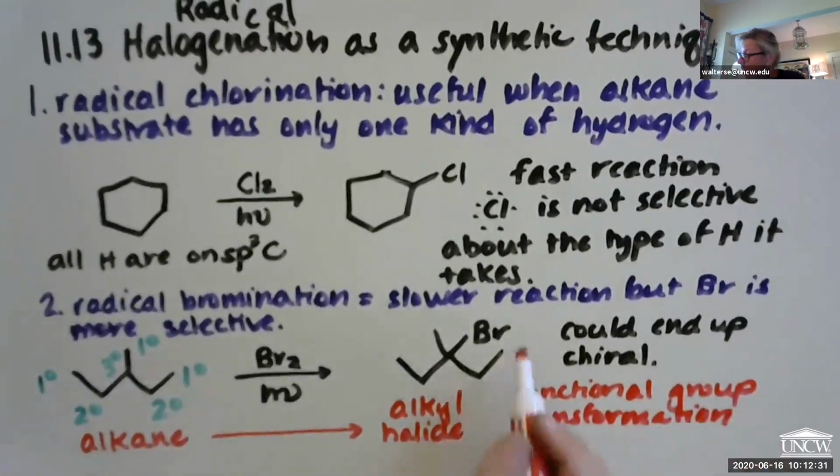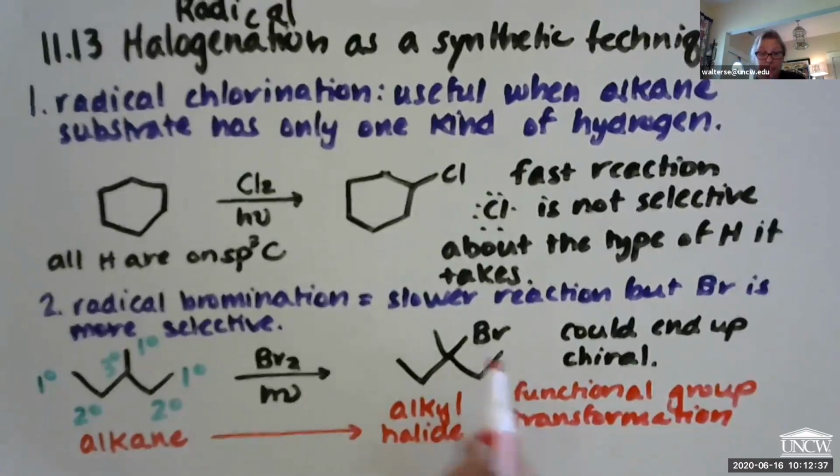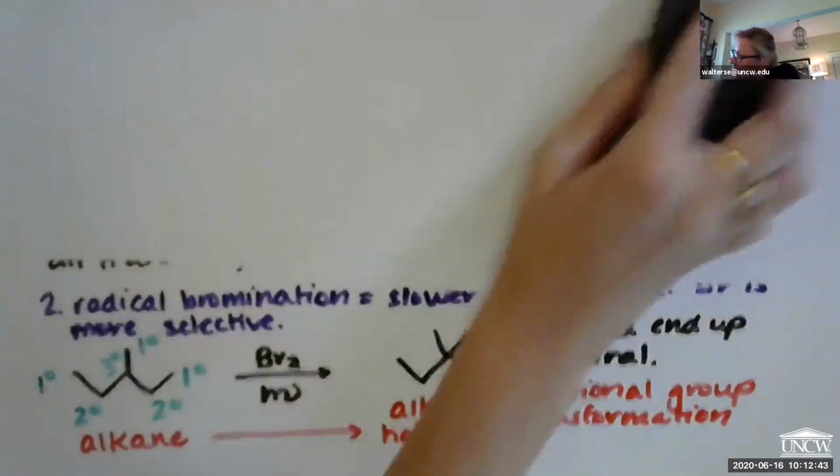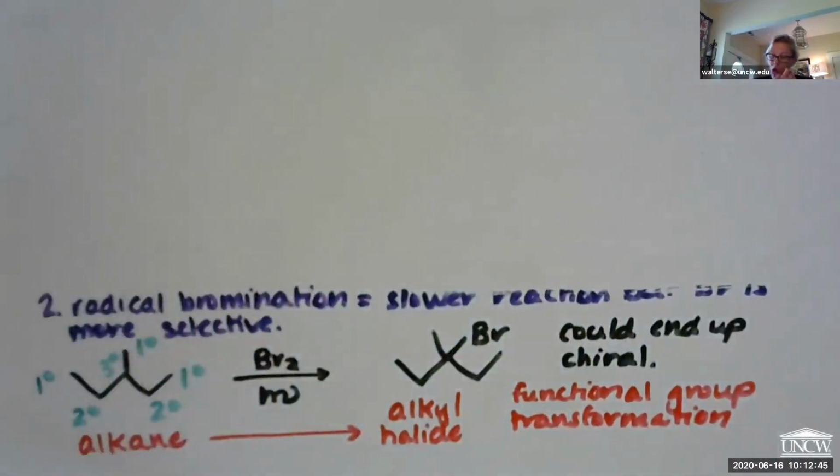Okay, and you have a lot of reactions that you can perform from alkyl halides. Once you have your halogen in there, all of the other reactions that you've learned are on the table.